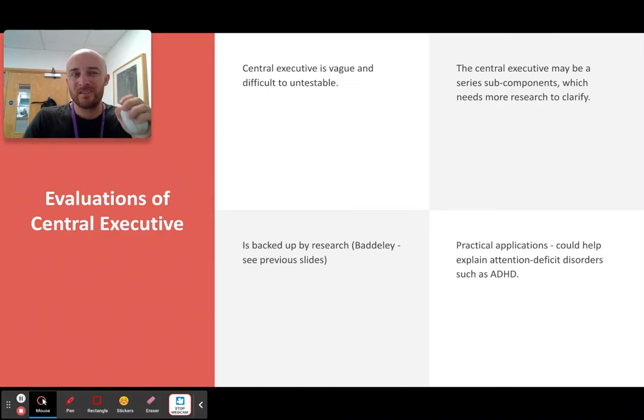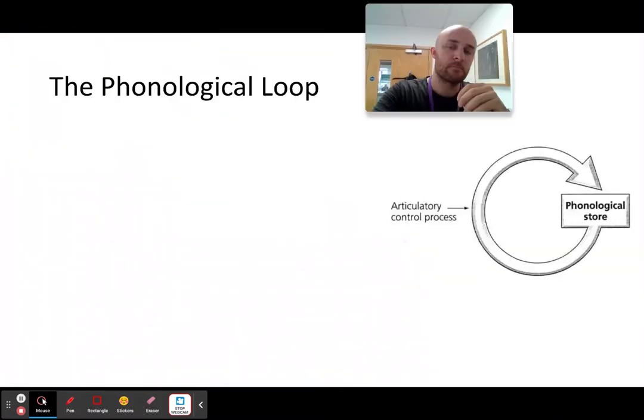So a good thing about this is that it does actually help us explain attention deficit hyperactivity disorder, or ADHD. Maybe people with ADHD just have naturally lower levels of attention, and maybe that's why they are deficit in their attentional abilities. So anyway, let's move on to the next one.